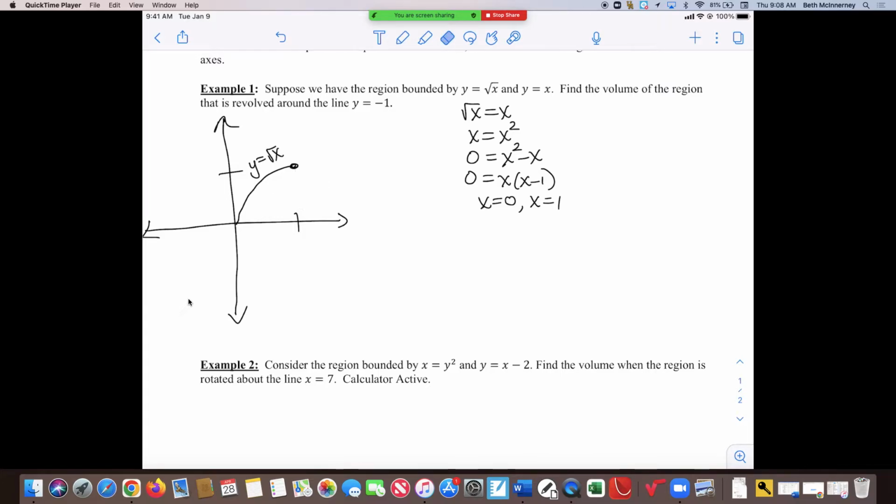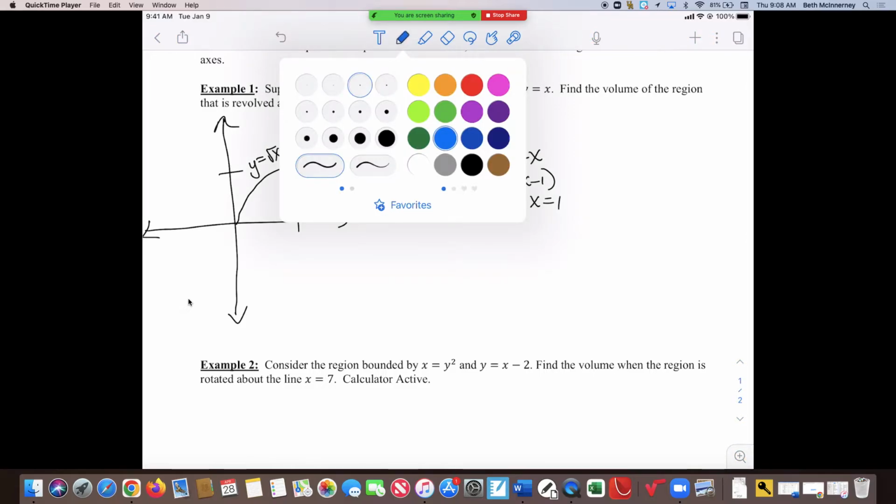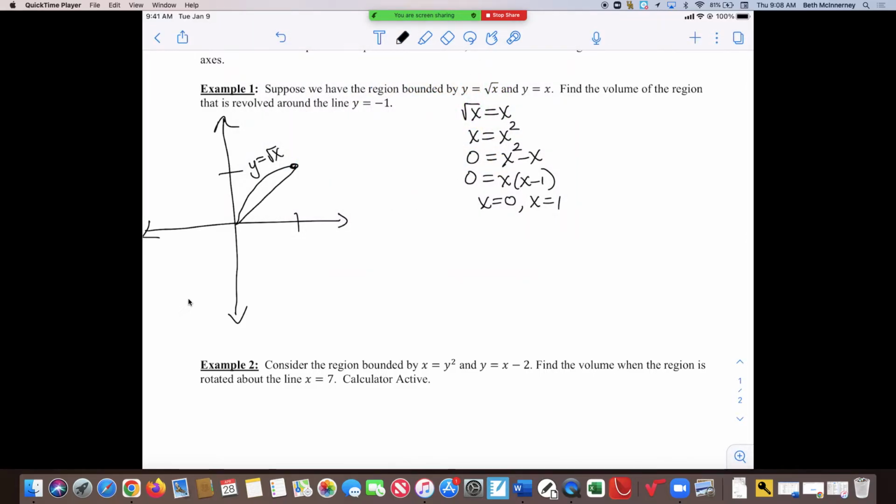So I'm looking at this region here, and then here's -1, and I want to rotate this. So I'm doing slices that are going to be dx.